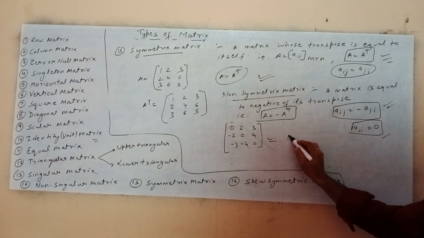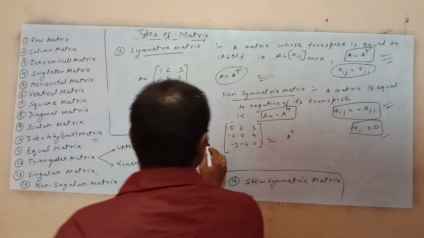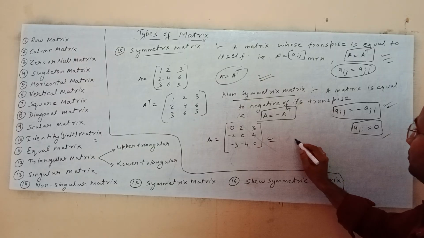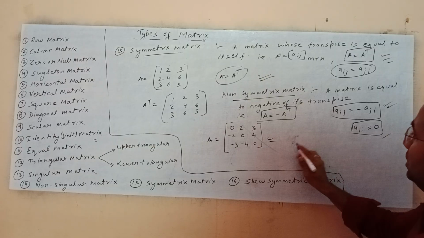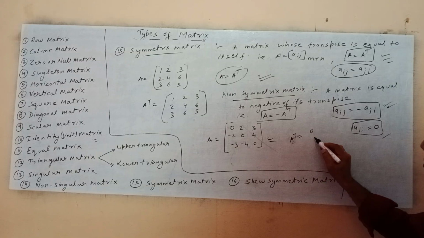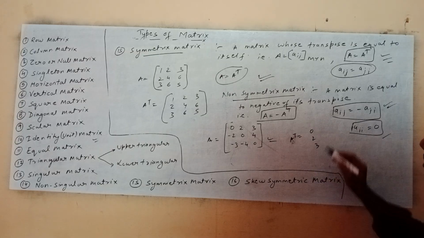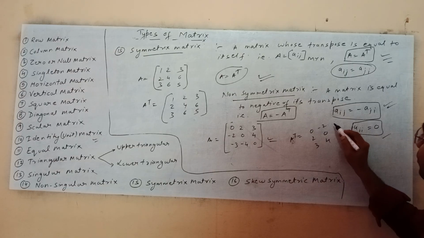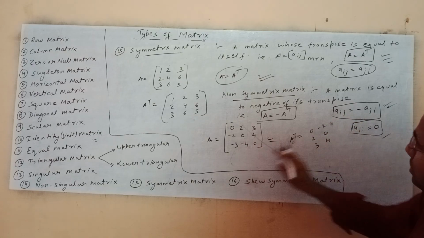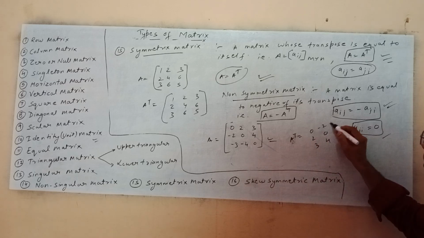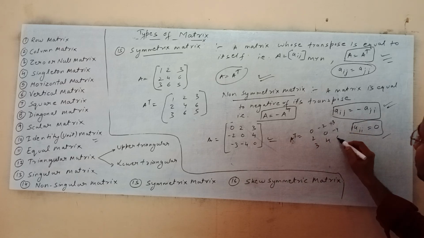If you take the transpose of it, suppose you have taken A equal to this one, then what will you get? 0, 2, 3 will come here, minus 2, 0, 4 will come here, minus 3, minus 4, 0 is coming here.